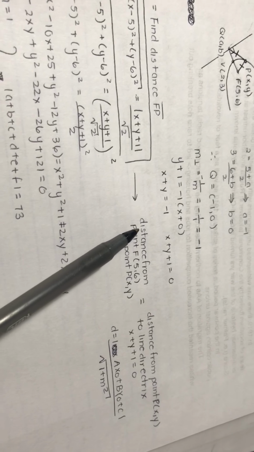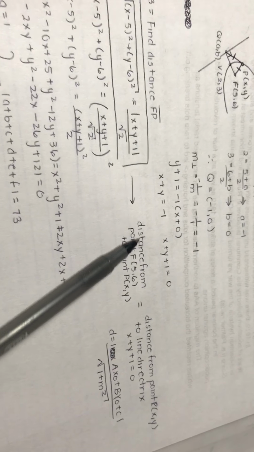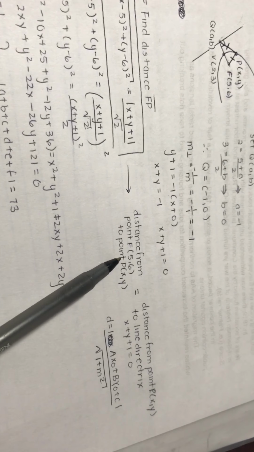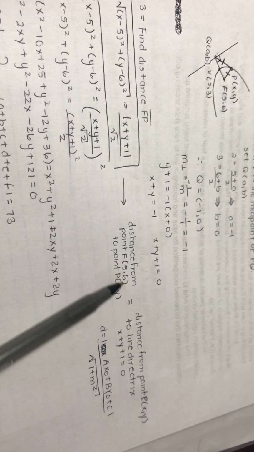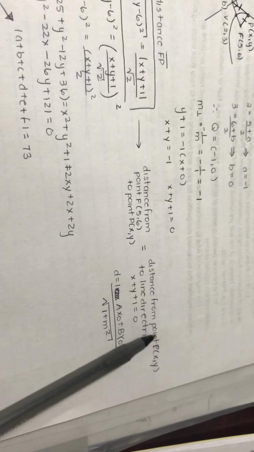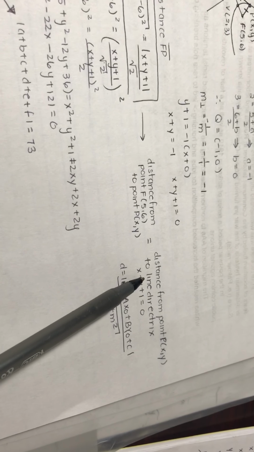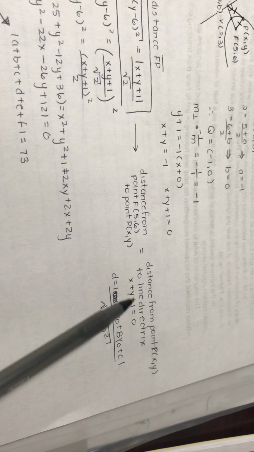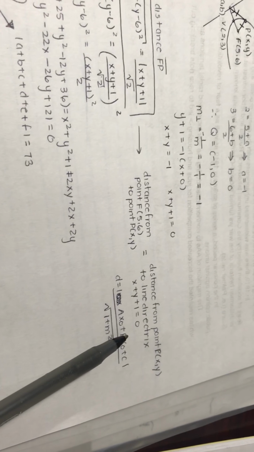So the equation that I set up was the distance from point F (5, 6) to point P (x, y), which is a random point on the parabola, is equal to the distance from P (x, y) to the directrix, which was x plus y plus 1 equal to 0.